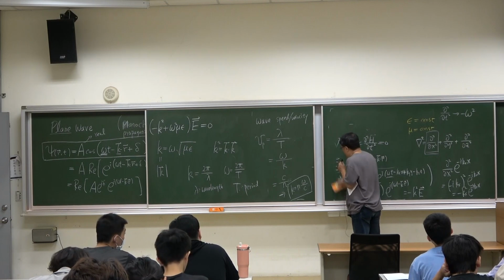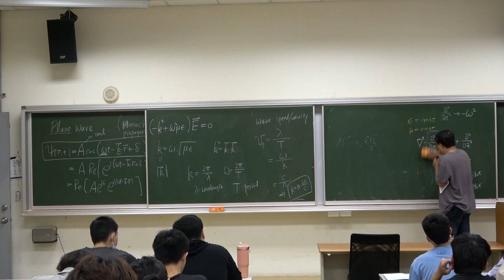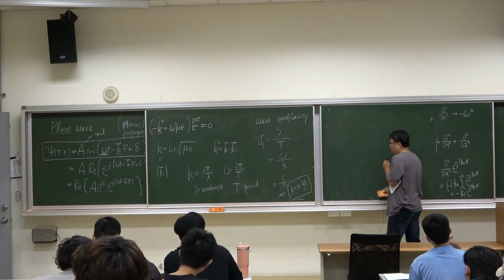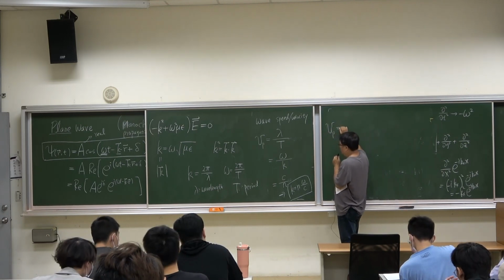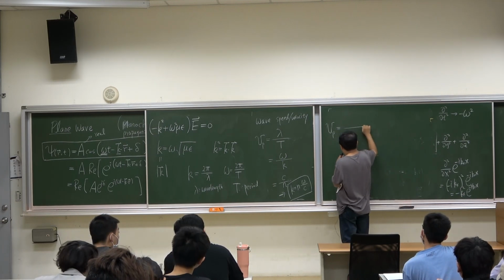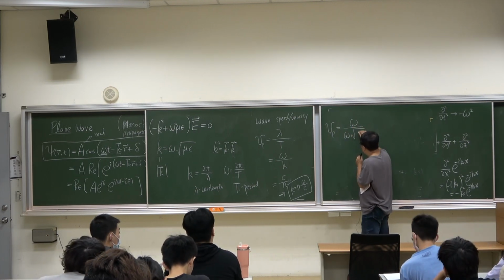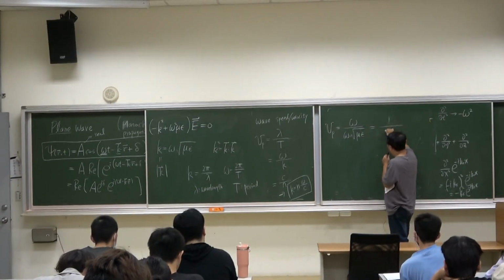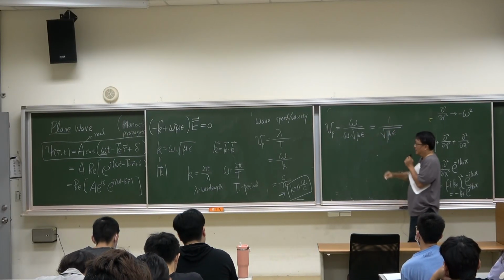We can also find the relation of Vp and epsilon, mu. Vp is omega over k, but k is omega times square root mu epsilon. So this is equal to 1 over square root of mu times epsilon.